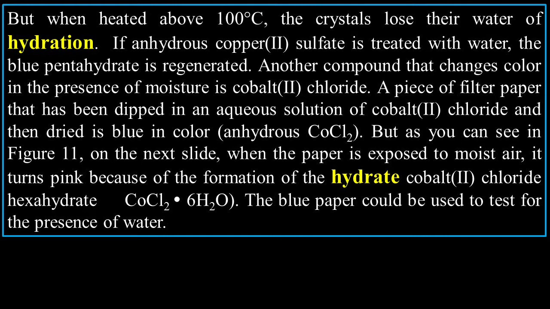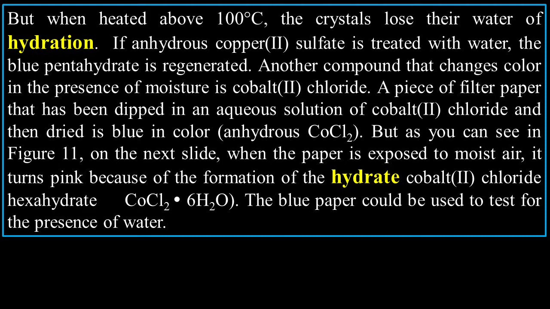As you can see in figure 11 on the next slide, when the paper is exposed to moisture, it turns pink because of the formation of the hydrate cobalt 2 chloride hexahydrate, CoCl2·6H2O, with 6 water molecules bound into its crystalline structure. The blue paper could be used to test for the presence of water.